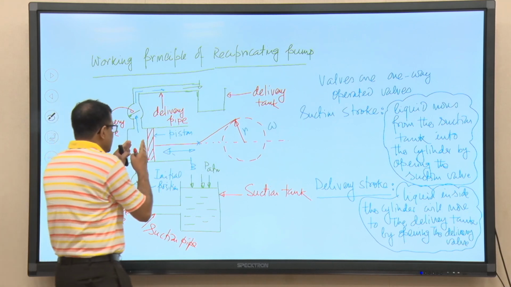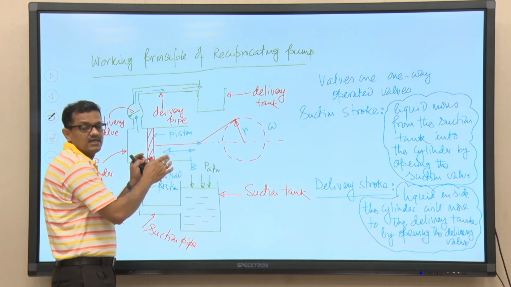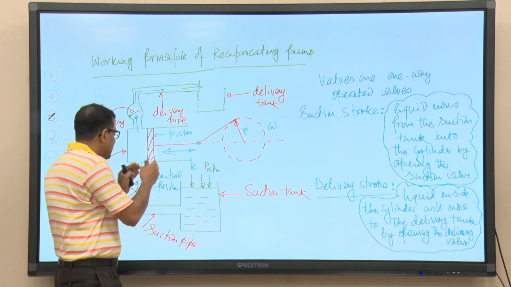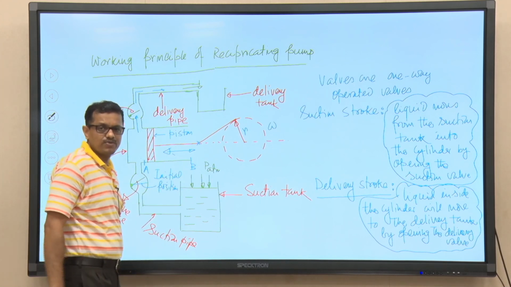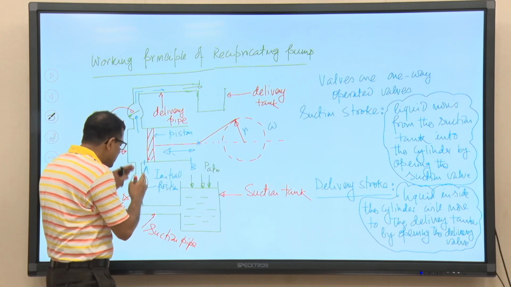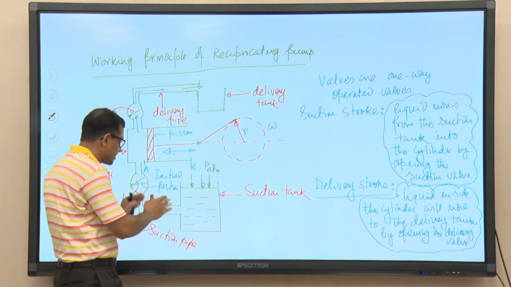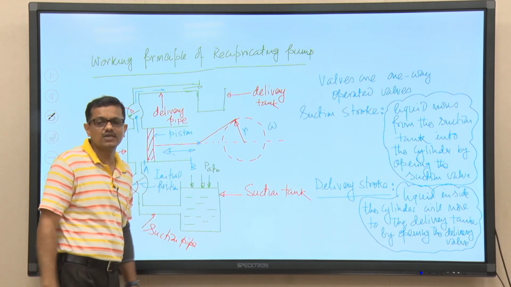When the piston is travelling from point A to point B during the suction stroke, the pressure inside the cylinder falls below atmospheric pressure, so liquid will start moving. When liquid starts moving, the liquid inside the suction pipeline has inertia. So, that effect due to inertia we also need to take into account.